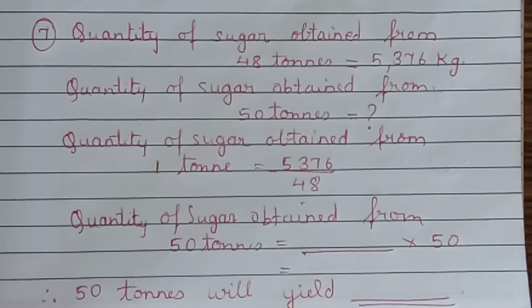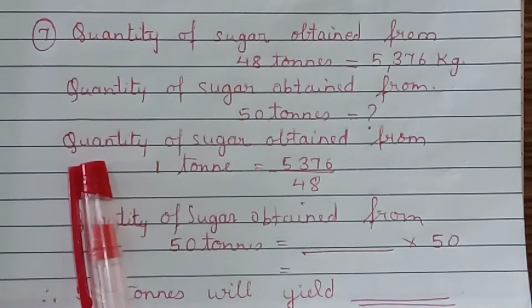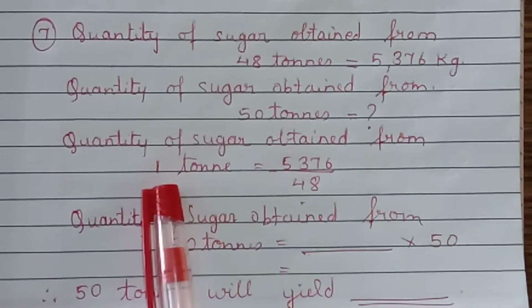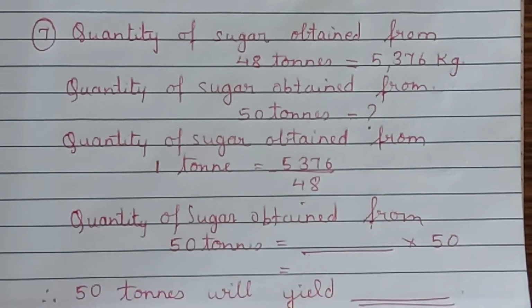First we'll find out 1 ton, using the unitary method. So quantity of sugar obtained from 1 ton is equal to 5376 divided by 48.